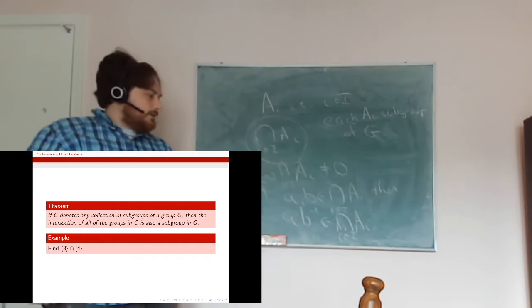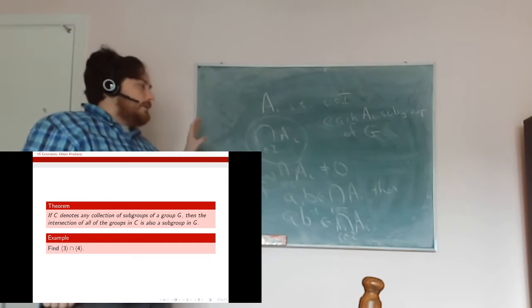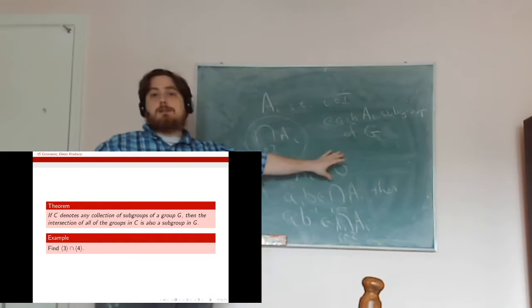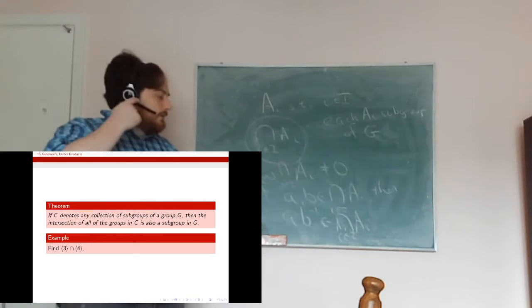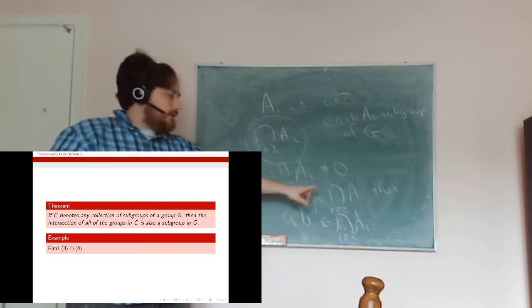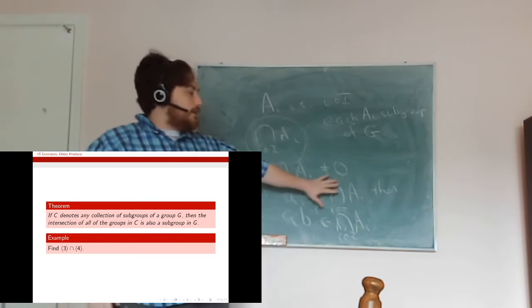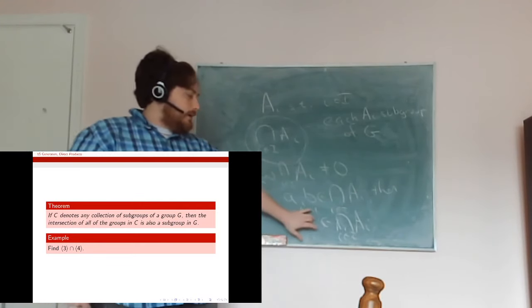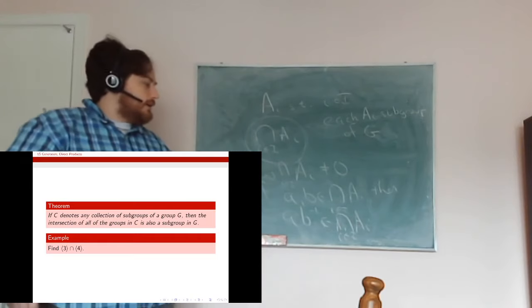So I was writing that out as T was saying it. So the point is we have to show that the intersection of these is not empty, and we have to show that for any two elements A and B in my set, which I'm calling the intersection of these, the product of A and B inverse is again in that set.